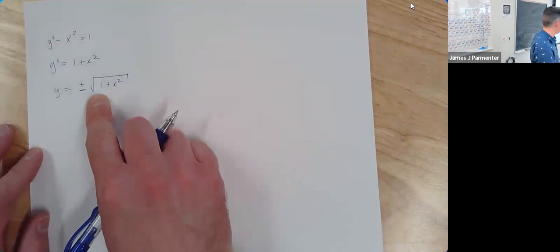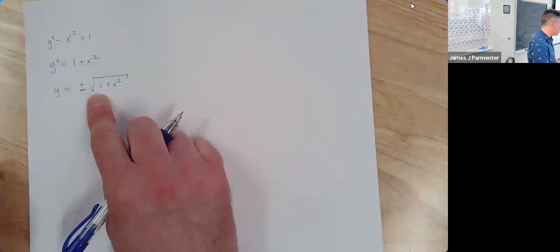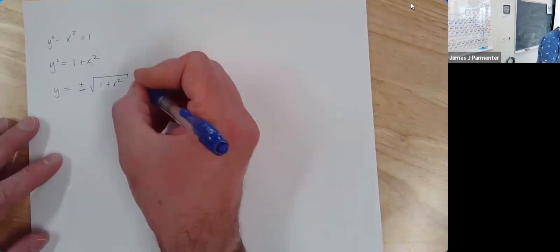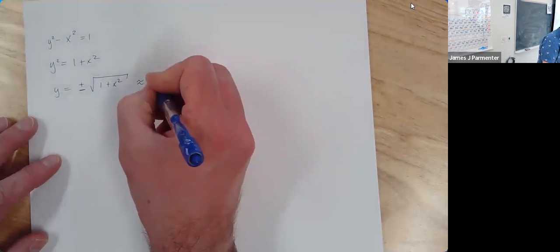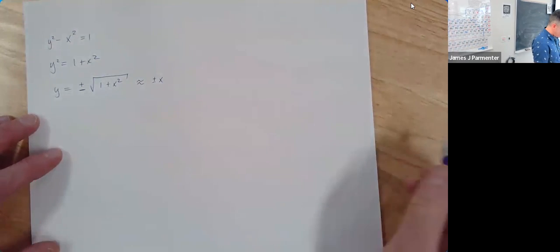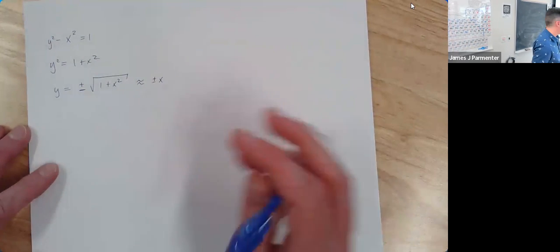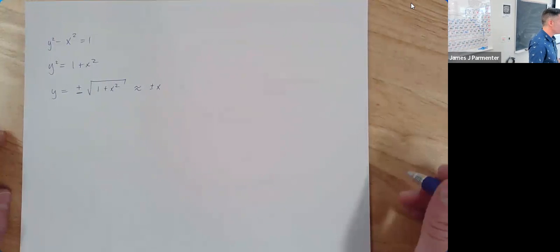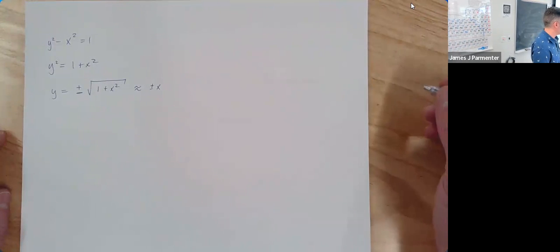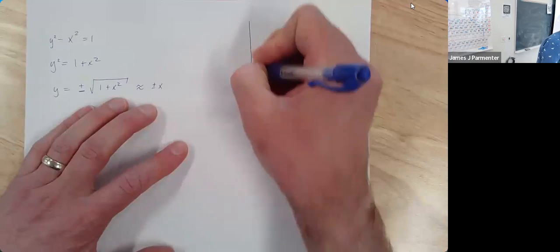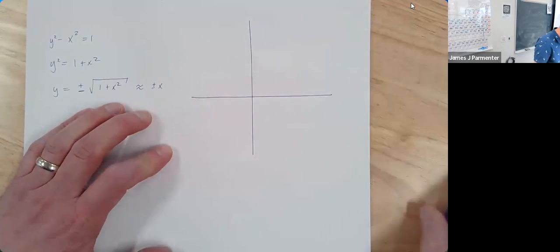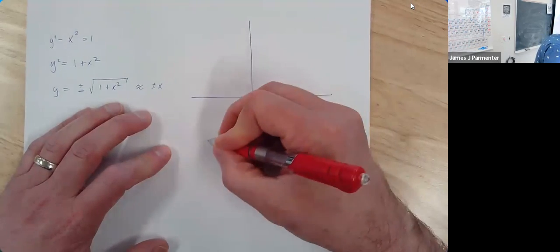If that 1 wasn't there, it would just be plus or minus x, so it's pretty close to plus or minus just x. In fact, this hyperbola has slant asymptotes at y equals x and y equals negative x. I tried to do a good job of drawing it, so you get slant asymptotes like this.